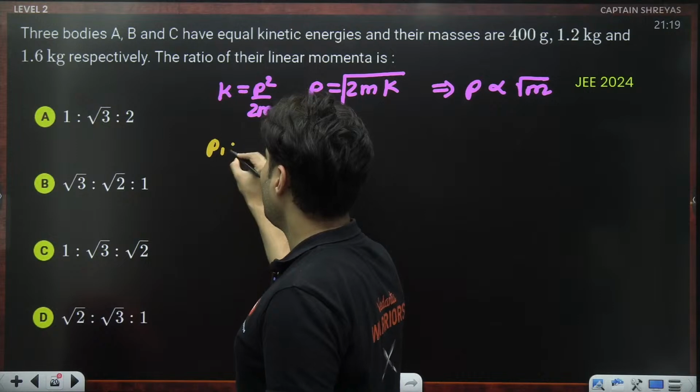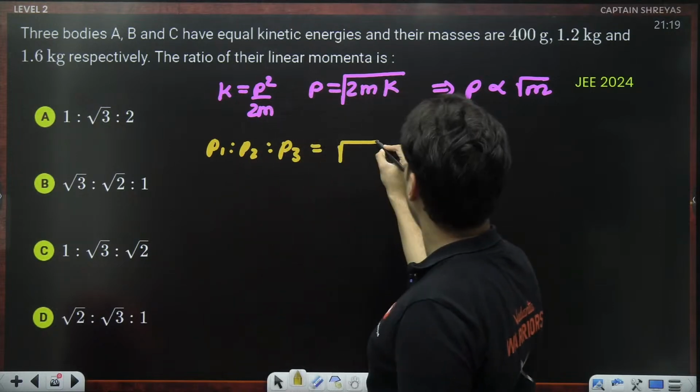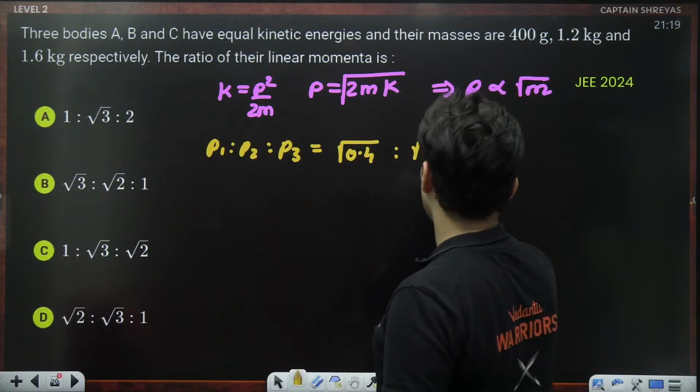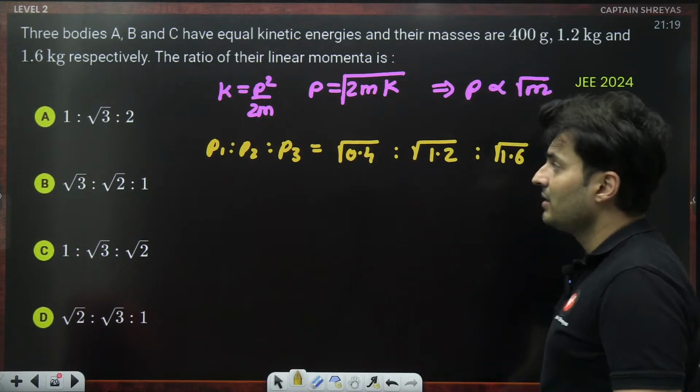So hence P1 is to P2 is to P3 will be root of the first mass 400, so 0.4 is to root of 1.2 is to root of 1.6.